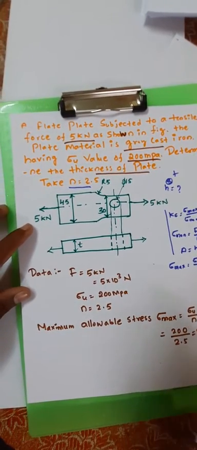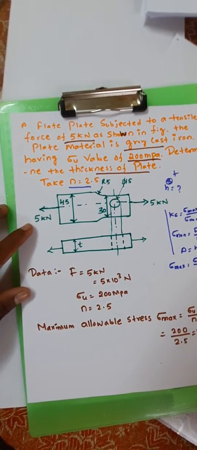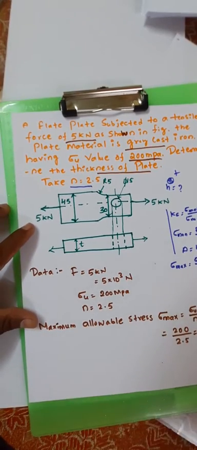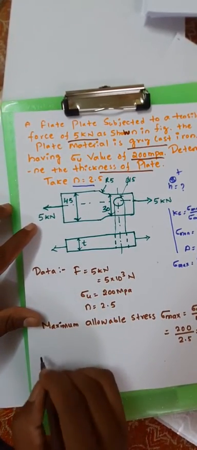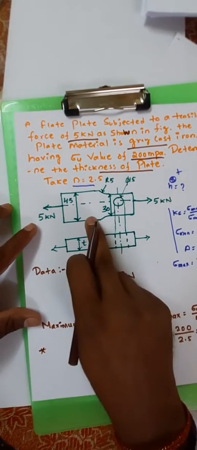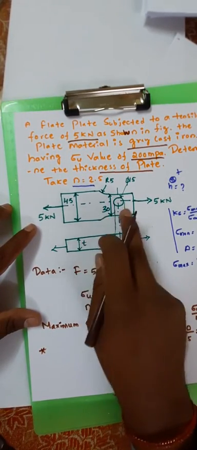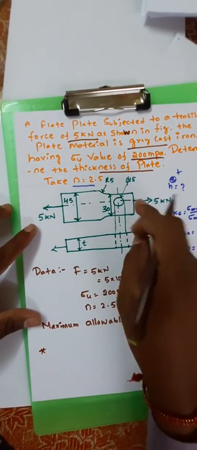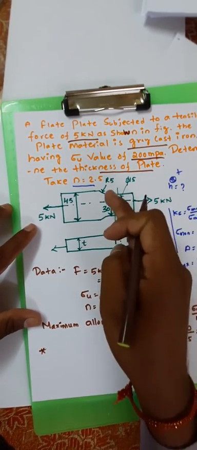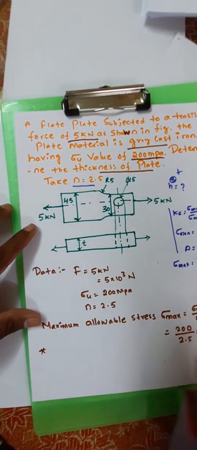Here we have two cases, which is very important to consider. Case one is across the hole, and case two is across the fillet.